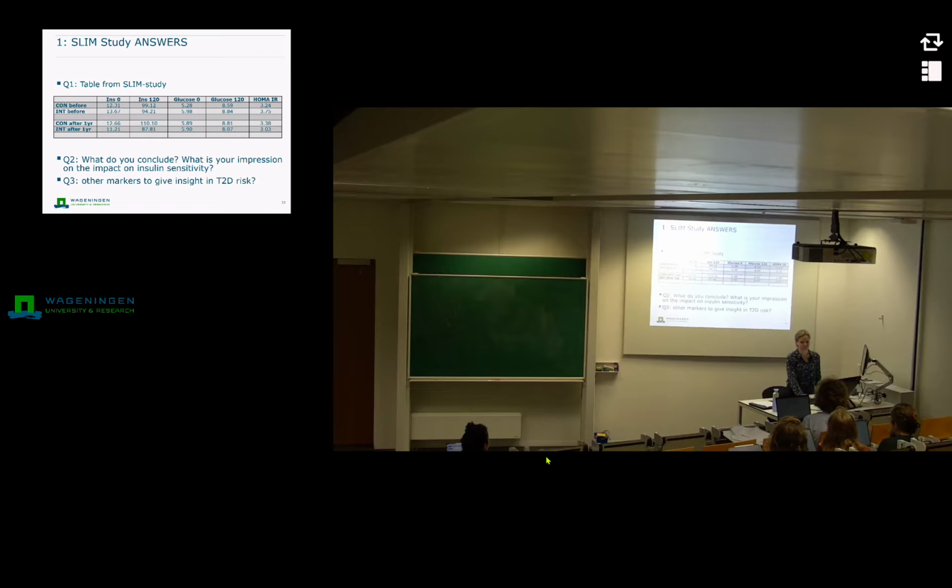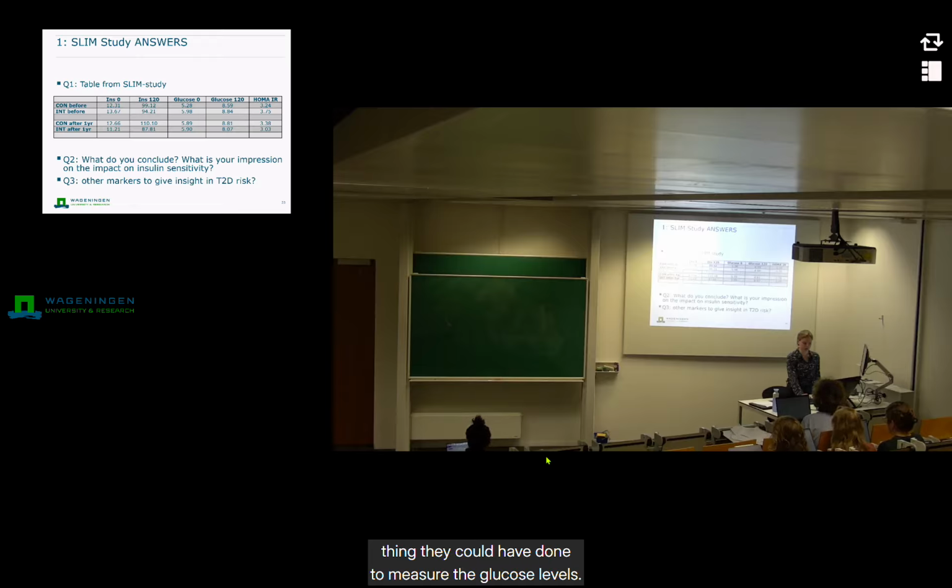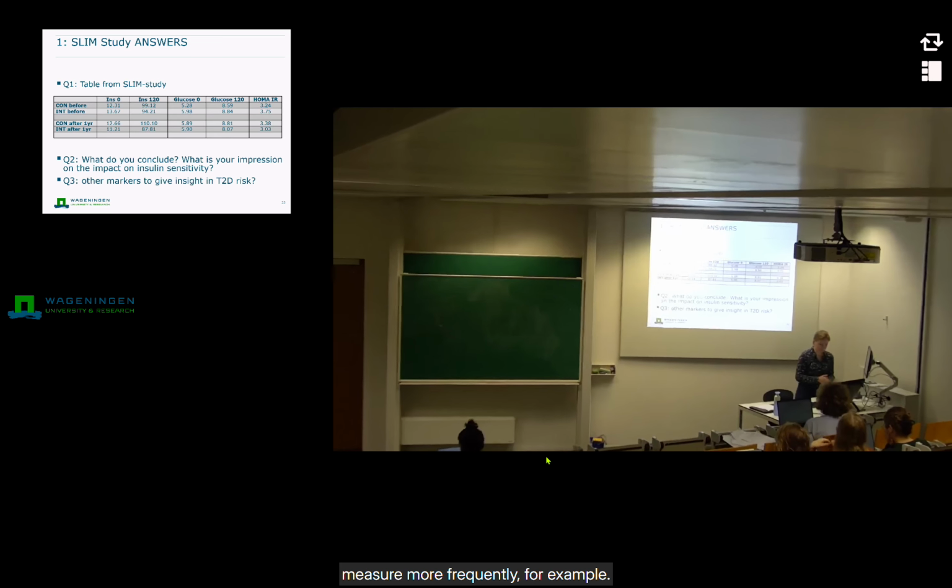Yeah, so the oral glucose tolerance test would indeed be another thing they could have done to measure the glucose levels. I think because they here already have different time points in which they measured glucose, they used this kind of test. But I think what you say correctly is that they could also measure more frequently, for example.